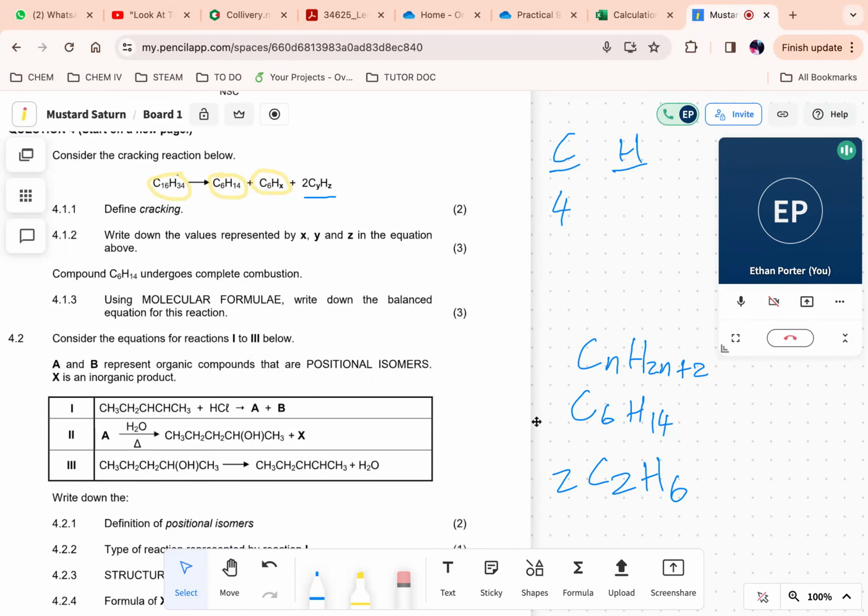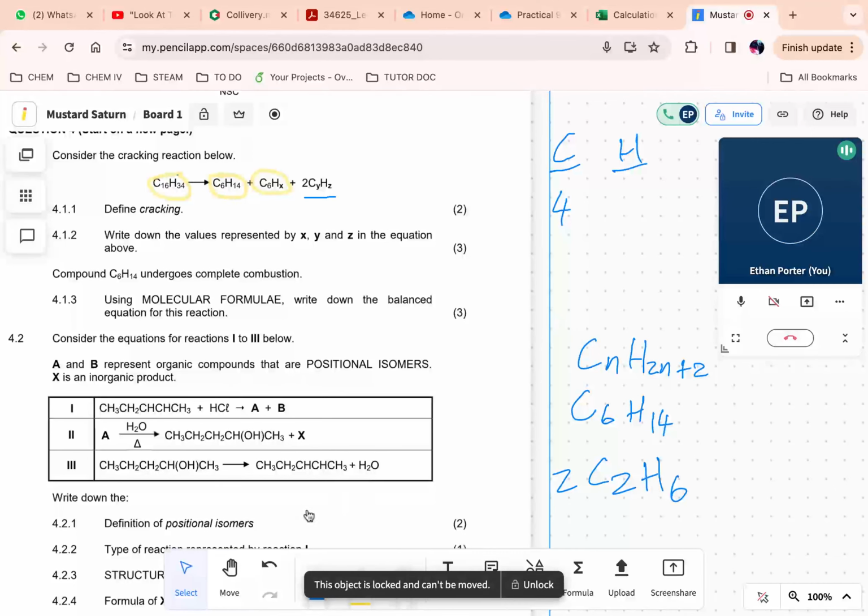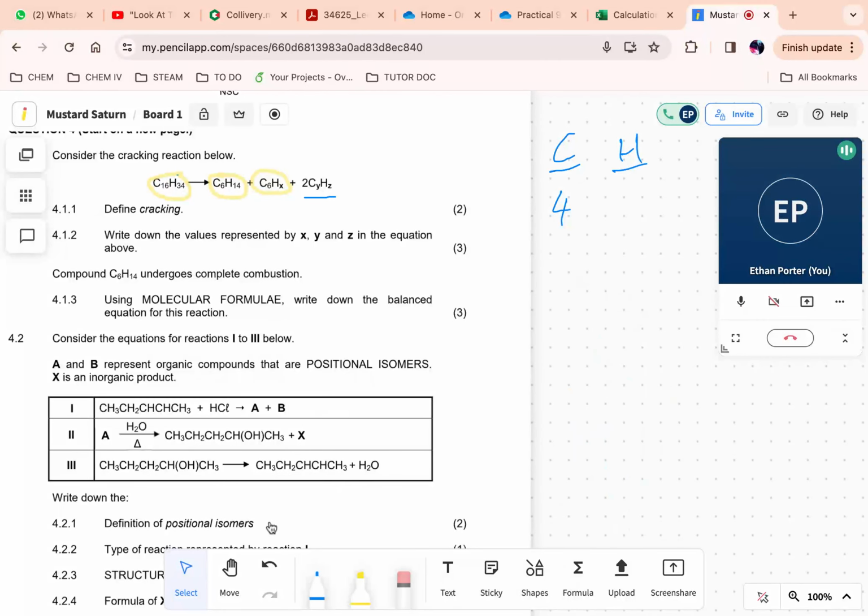That means our initial assumption was incorrect, and this molecule here is not an alkane. It might be an alkene. Let's try it. If we remember, an alkene is CnH2n. So if we have C6, C6, H12. Let's keep a running total of our carbons.